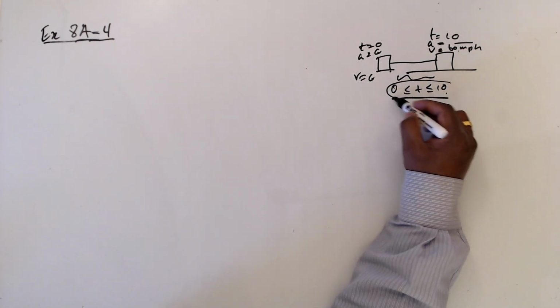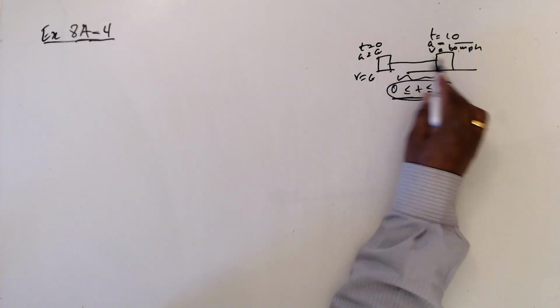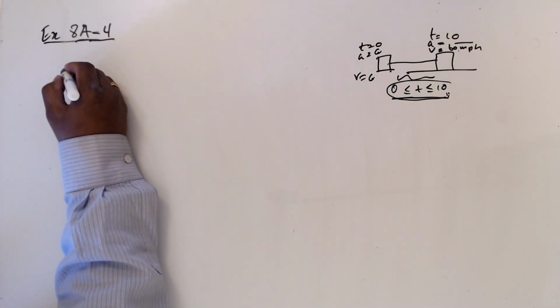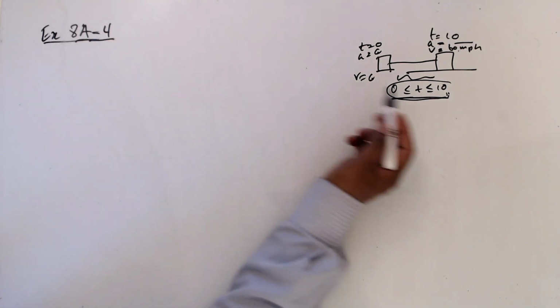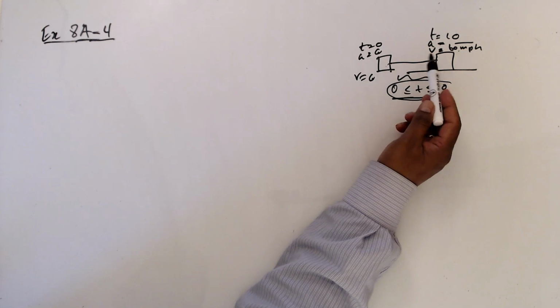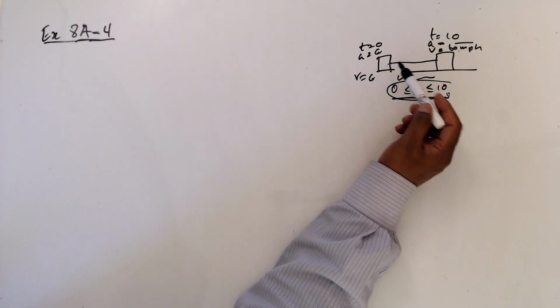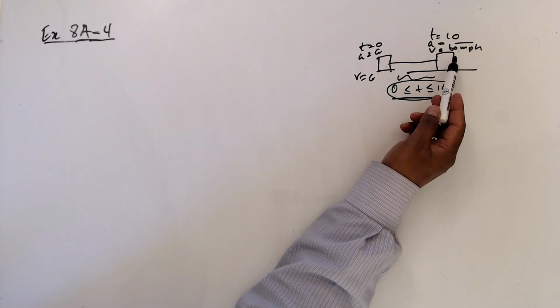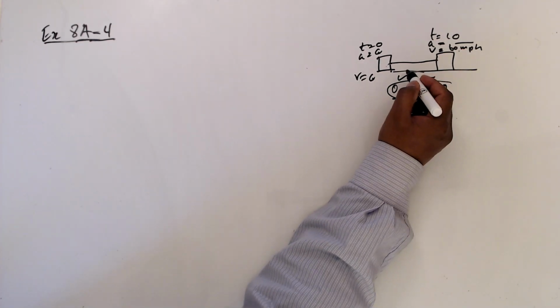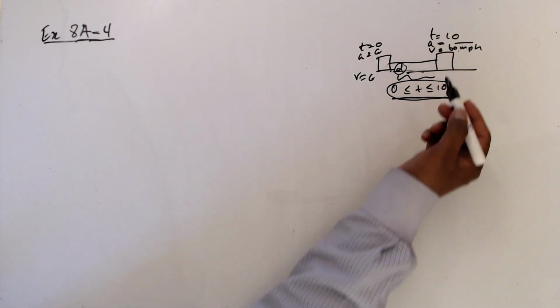So this model has a relationship between distance and time. When the car is raced from stationary to 60 miles per hour, it goes a distance d in time t.